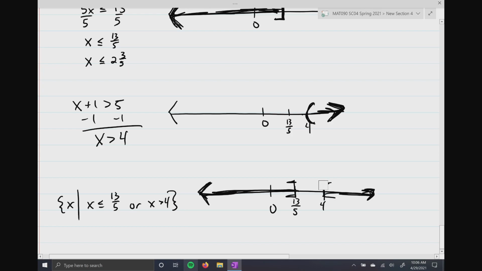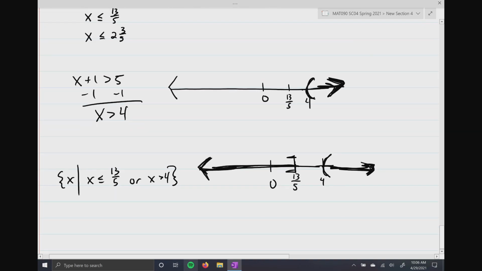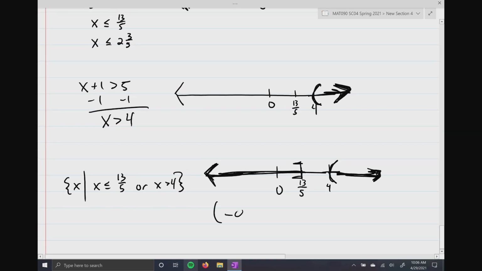Oops, wrong symbol. And here we notice there is no overlap, and that's okay. Our solution will be the shaded regions. So, negative infinity all the way up to 13/5, and I can include it. That's why it gets a bracket. Union 4 to infinity. I cannot include the 4, so I put a parenthesis.